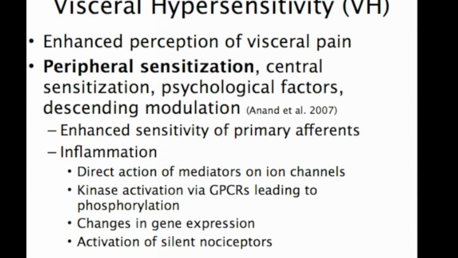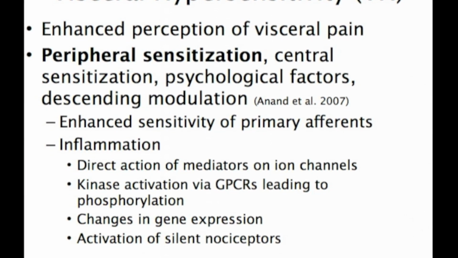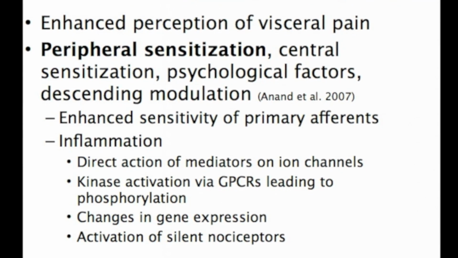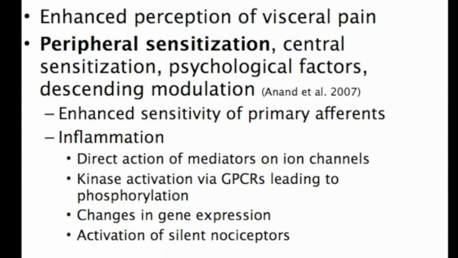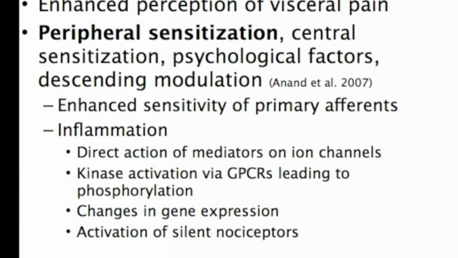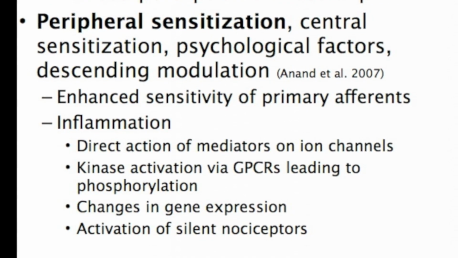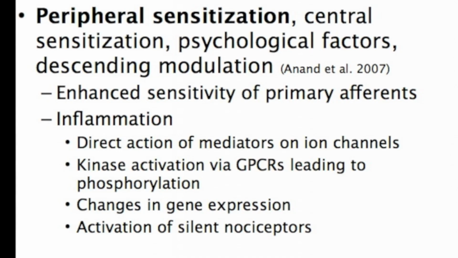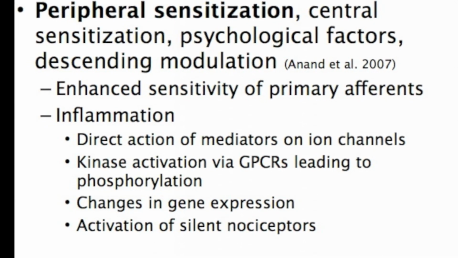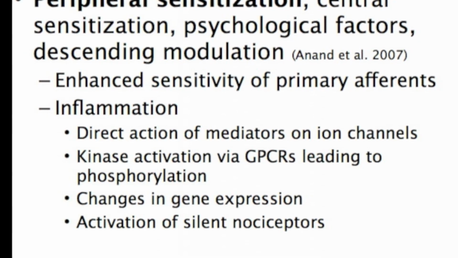And one thing that can cause it is inflammation. Inflammatory mediators, or molecules involved in inflammation, can have a direct action on the neurons, which is very fast. There can also be slower, longer lasting changes through protein modification, in this case, the addition of a phosphate group to the protein.